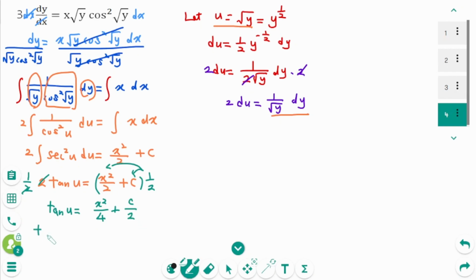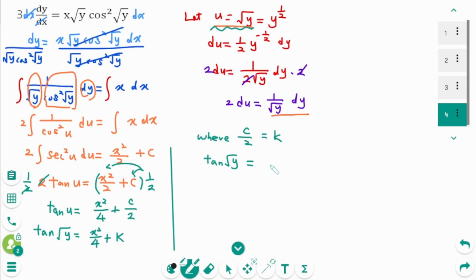Then tangent u was square root of y, equals x squared over 4 plus, where c over 2 is k, and tangent square root of y equals x squared over 4 plus k.